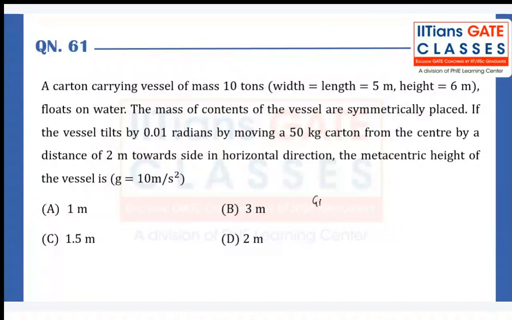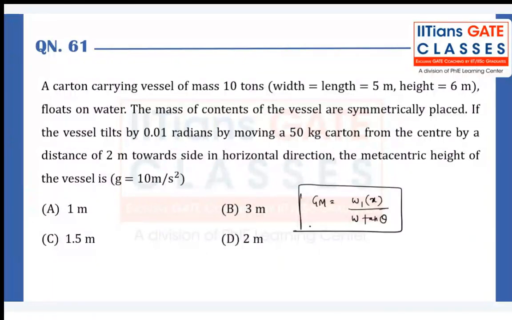Directly, the formula we have for GM calculation is W1 into X divided by W tan theta. This is the formula used to calculate metacentric height GM experimentally.